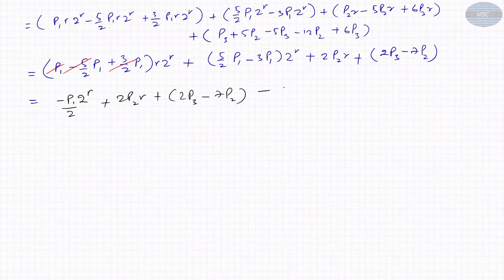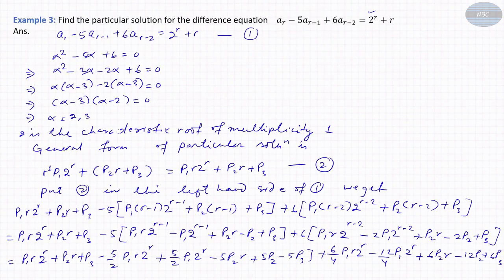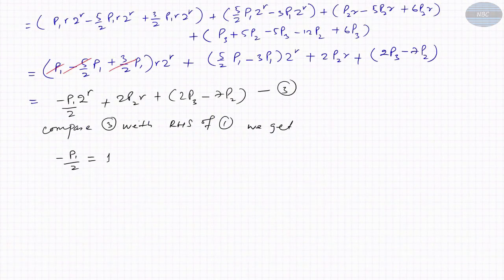So this one, let's suppose 3, compare 3 with the right hand side of 1, we get minus p1 by 2 is equal to, the coefficient of 2 to the power r is 1, so this is equal to 1.